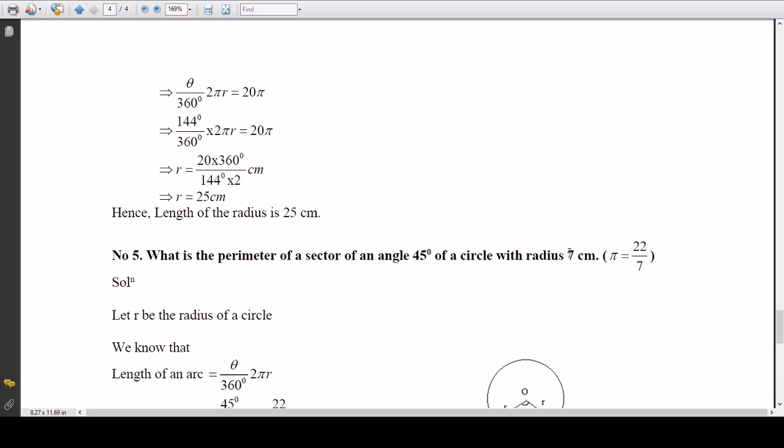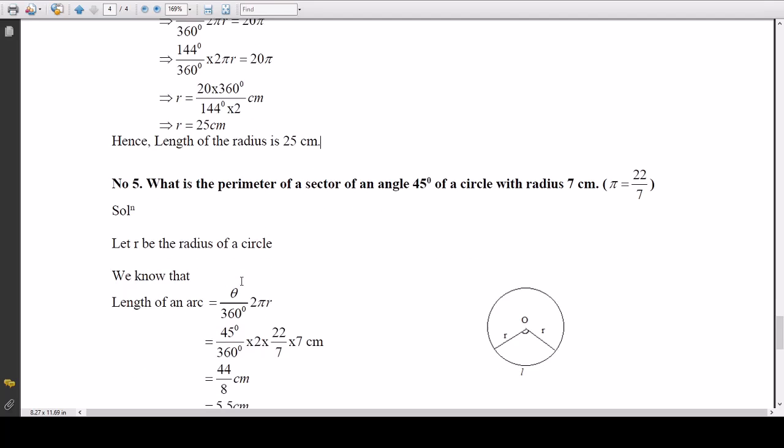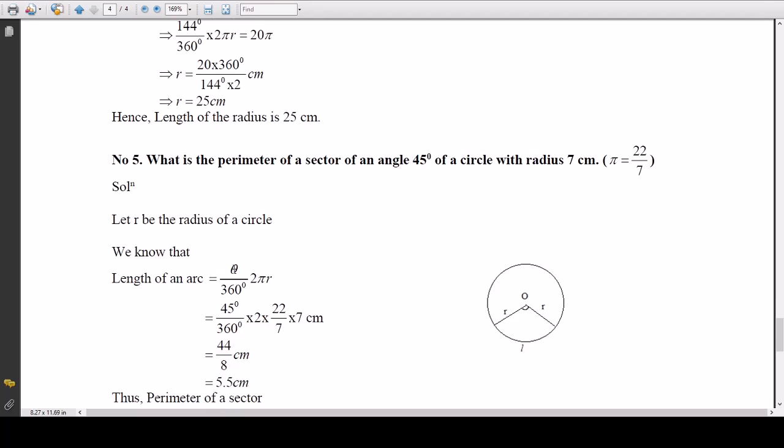of an arc, because the perimeter of a sector is bounded by the radius and the length of an arc. That means you need to find out the length of an arc of this circle. Now length of an arc is given by this formula, theta by 360 times 2 pi r. Substitute the value of theta and value of r.